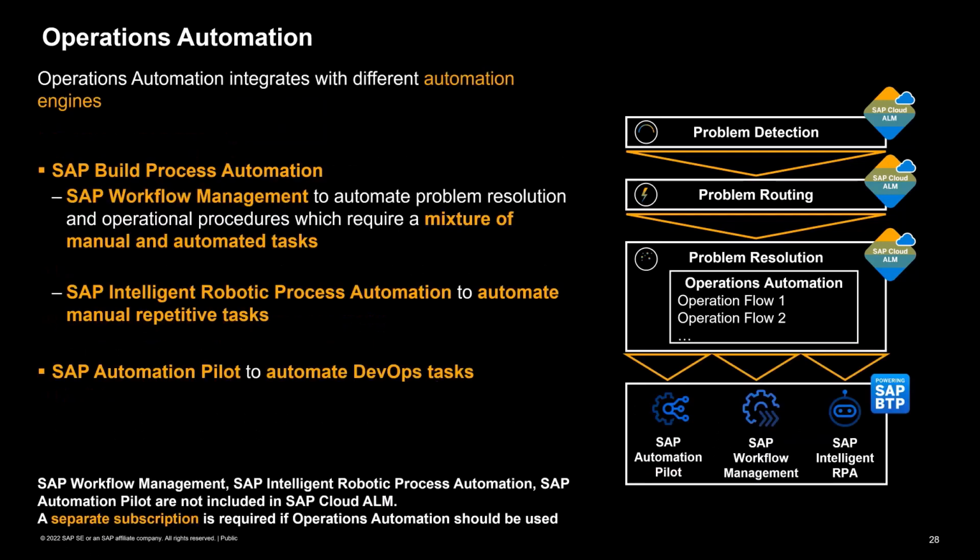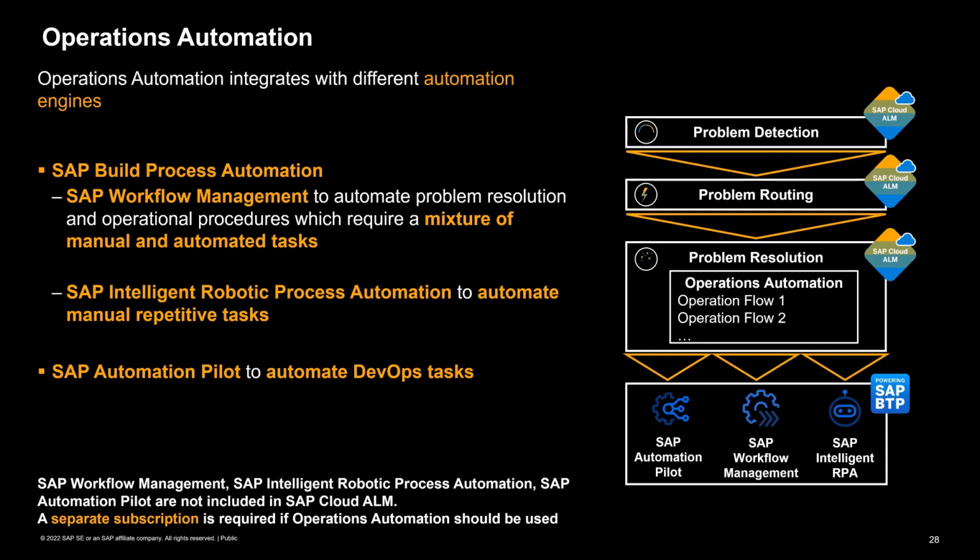Operations automation in SAP Cloud ALM integrates with different automation engines. First, SAP Build Process Automation, it integrates with SAP Workflow Management, which allows you to automate problem resolution and operational procedures which require a mixture of manual and automated tasks and eventual decision or approval steps.